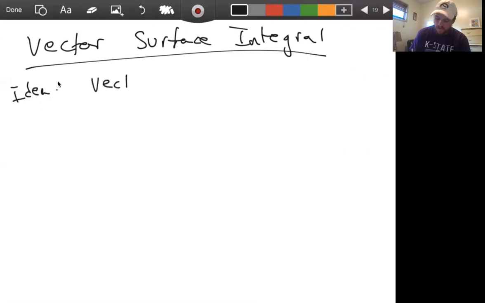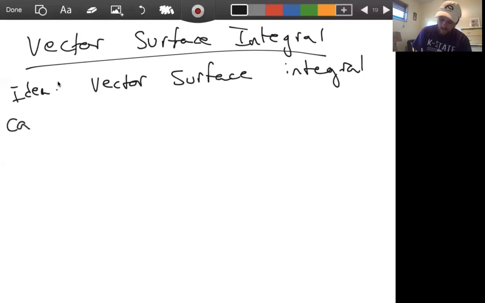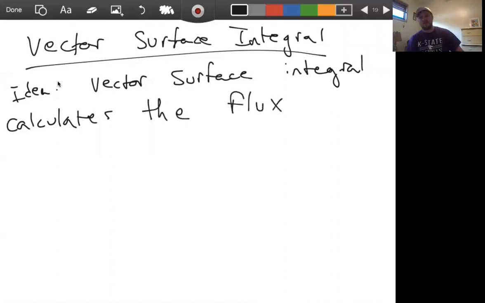The vector surface integral calculates the flux. We learned how to calculate flux when we discussed, I believe, line integrals and stuff like this. Yeah, vector line integrals.